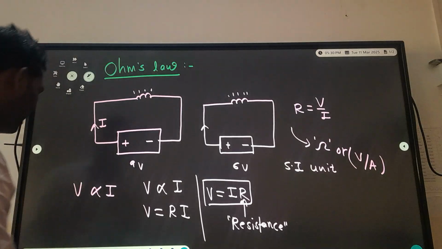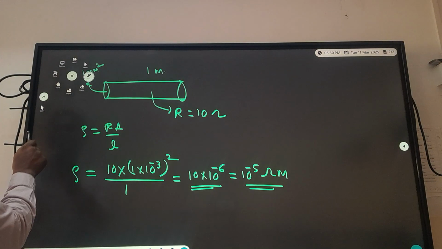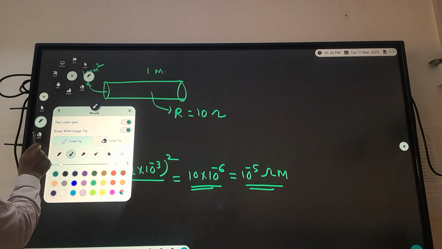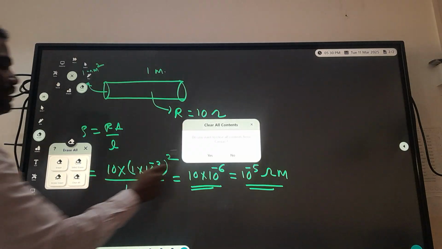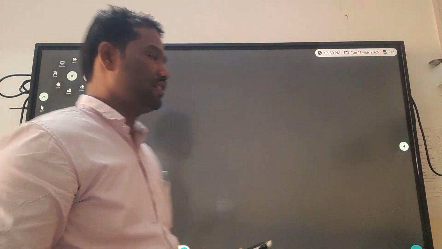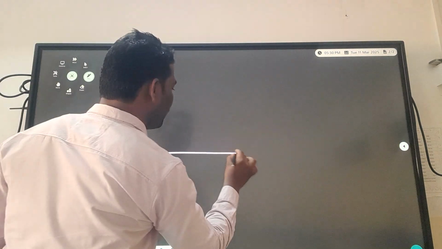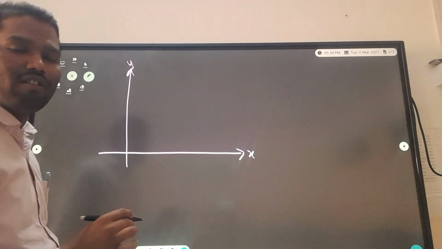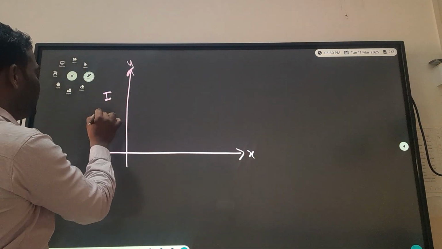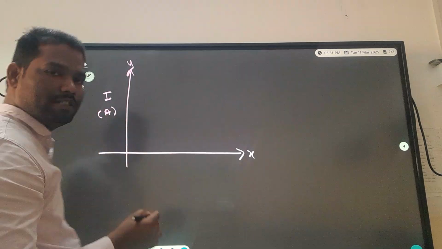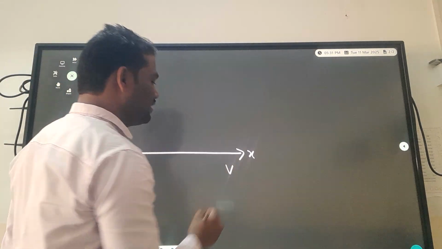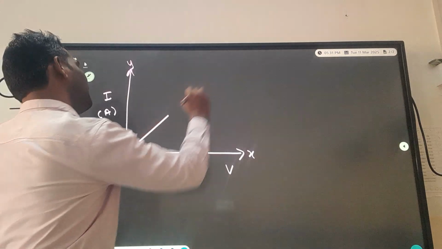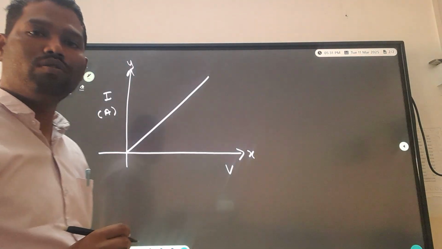He observed that for a metallic conductor and for other materials like semiconductors, the graph is different. For a metallic conductor, if we take electric current in ampere along the y-axis and voltage along the x-axis, he observed that the graph is a straight line passing through the origin.